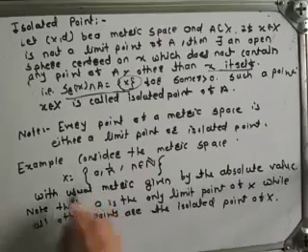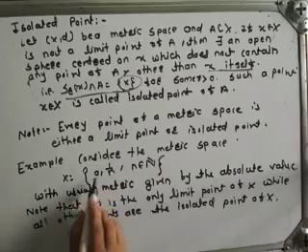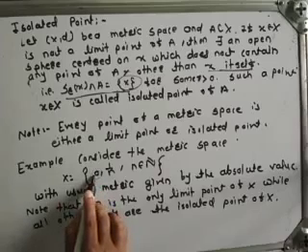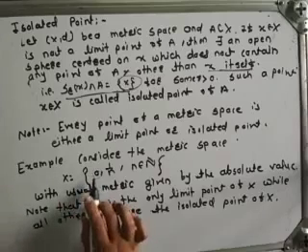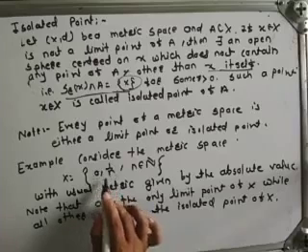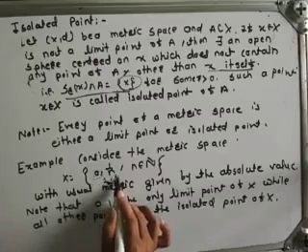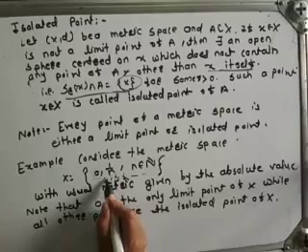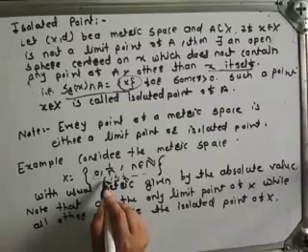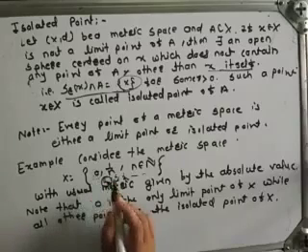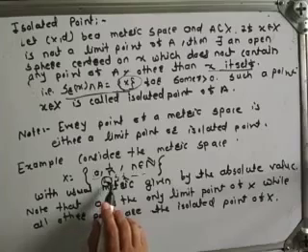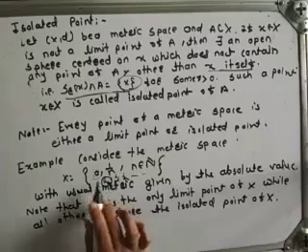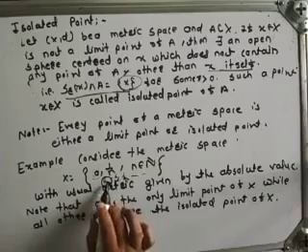See here, in the previous example we have proved that 0 is the only limit point for this set, and 1 by 2, 1 by 3, 1 by 4 and so on are the isolated points, because if you take 1 by 2 and draw a sphere around it, that sphere does not contain any other point of X other than 1 by 2.